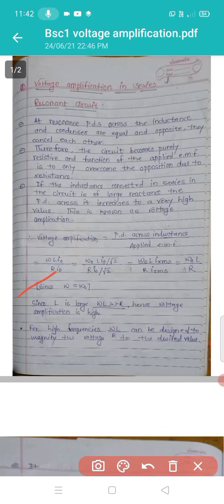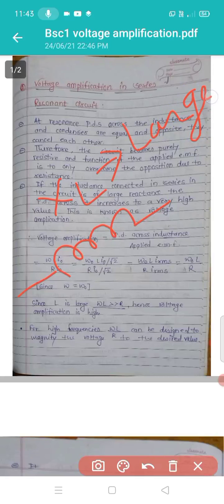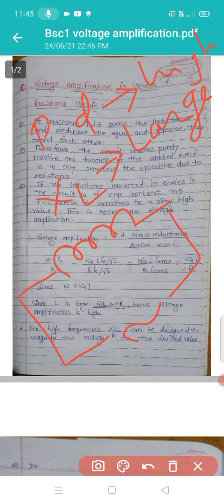If the inductor connected in series in the circuit is of a large reactance, the potential difference across it increases to a very high value.